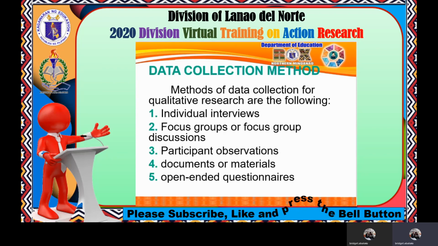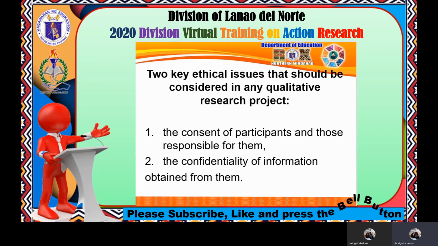Okay. What are the two ethical issues that should be considered in any qualitative action research project? First, the consent of the participants and those who are responsible for them. So if it is a student, of course, it is protocol that we ask permission: you write a proposal for your action research to your principal. Also, a letter of permission from the adviser if you are a subject teacher in that particular section or grade level.